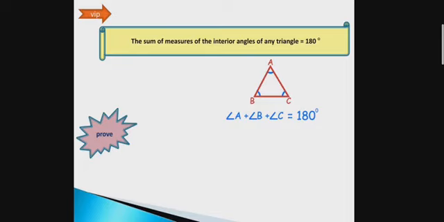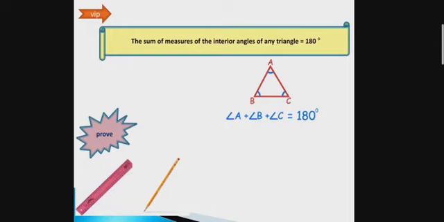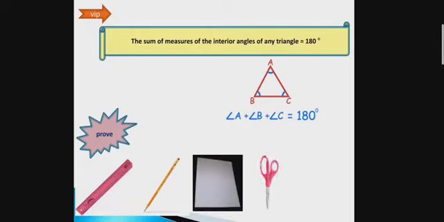We will prove that, but I want you to bring a ruler, a pencil, a paper, and scissors. Now, draw a triangle on this white paper and cut it with the scissors. Now you have a triangle like this. We will prove that together, but follow the next step of this video.